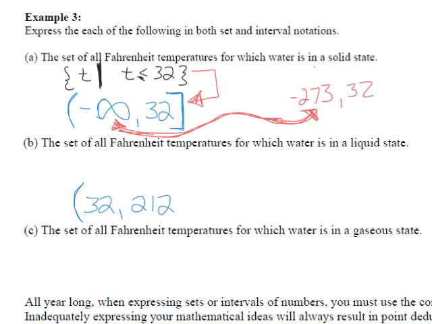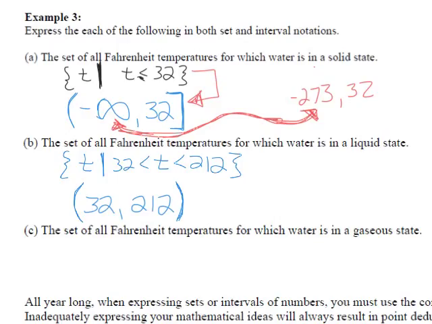But let's move forward. 212, I'll just not include that and show you what the braces or the set looks like. All temperatures such that 32 is less than T is less than 212. So there you go. There's your set notation and interval notation.